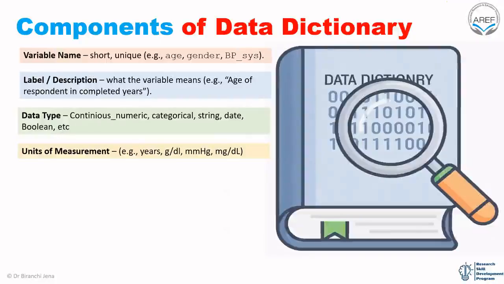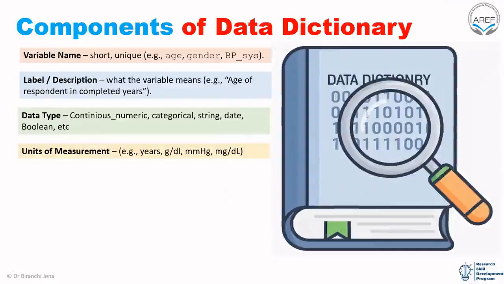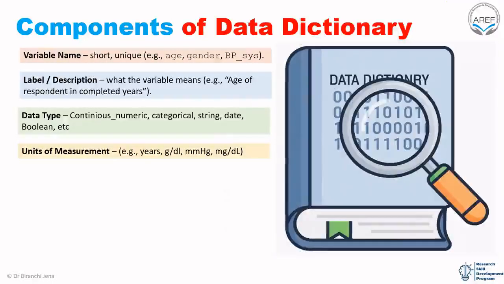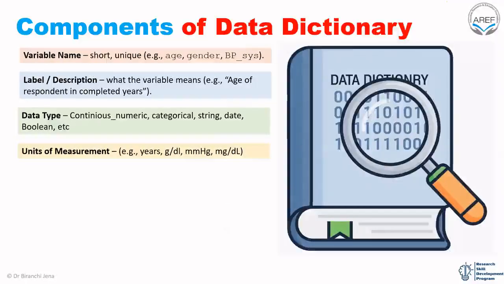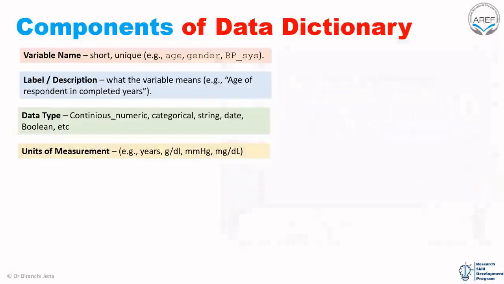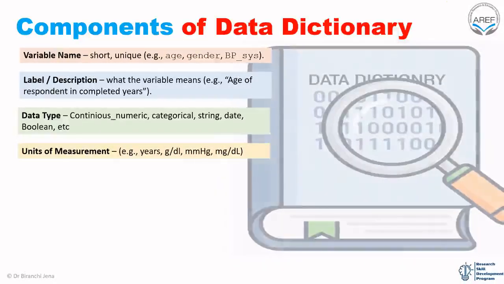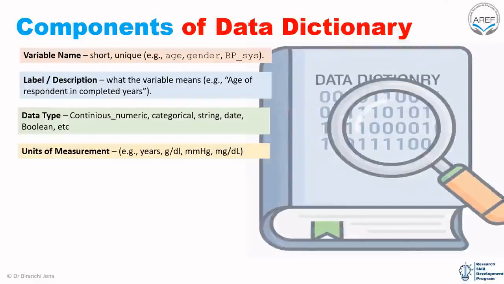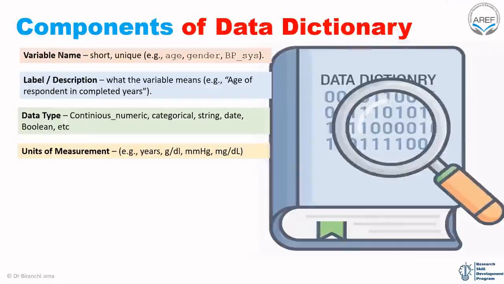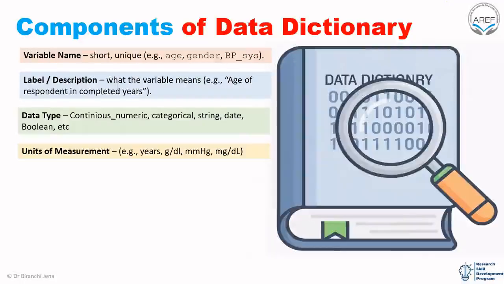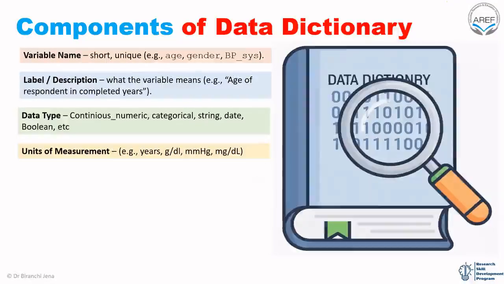Then unit of measurement, we have already discussed earlier during our conceptual framework building. And for each thing we have to give the measurement, because if the measurement is there in the data, in the database, you will have a huge problem in doing the analysis of the data.